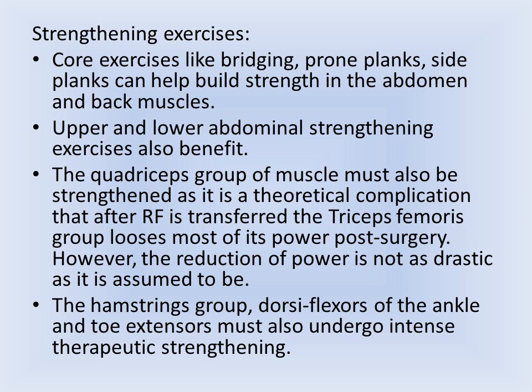Hence, to recover the power, the strengthening must be done pre-surgery. The hamstring group of muscles, dorsiflexors and toe extensors should also undergo intense strengthening, because these muscles act for knee flexion and clearance of the toe.